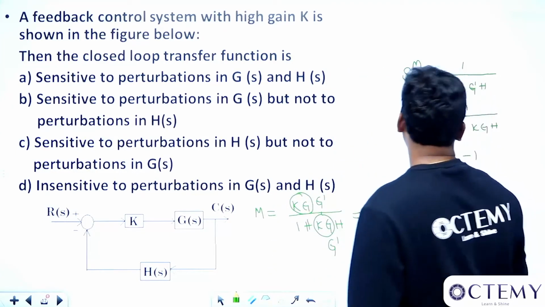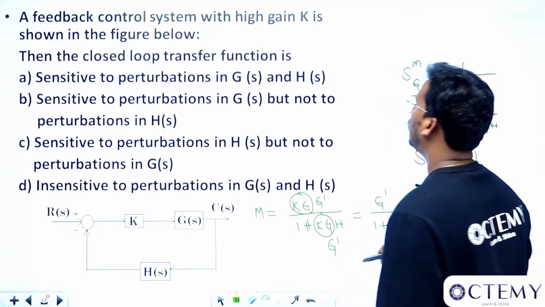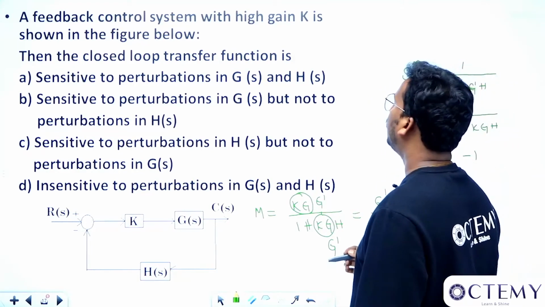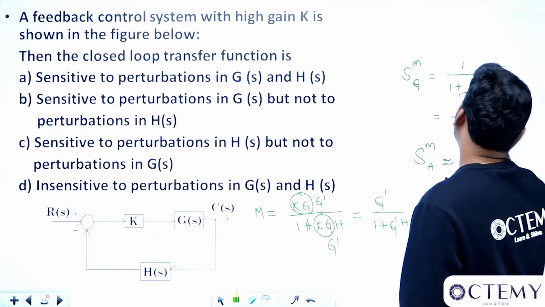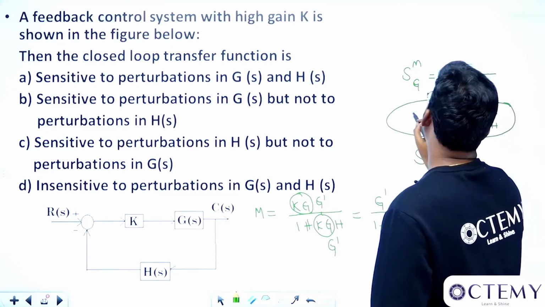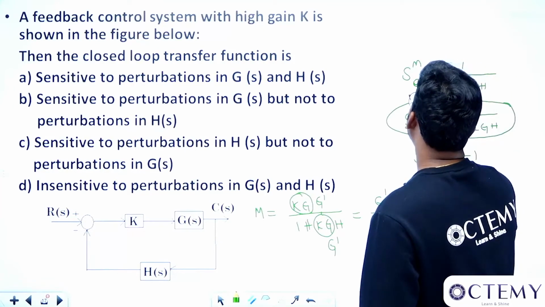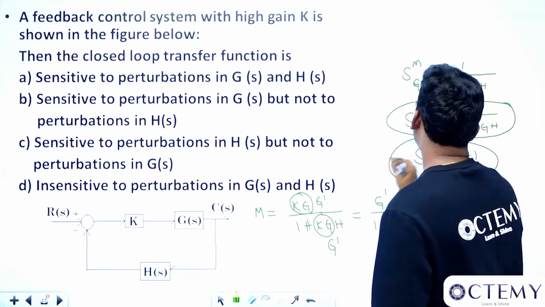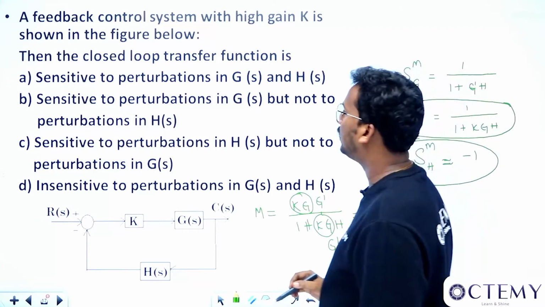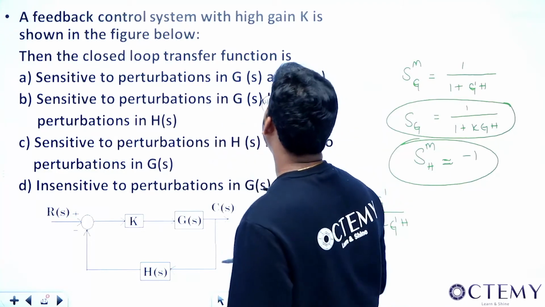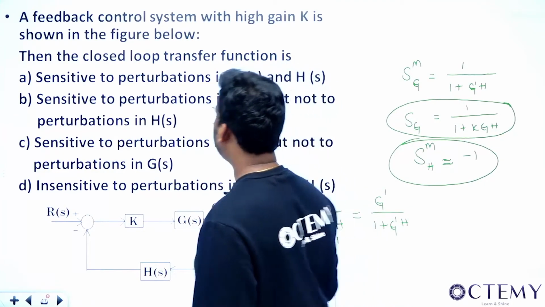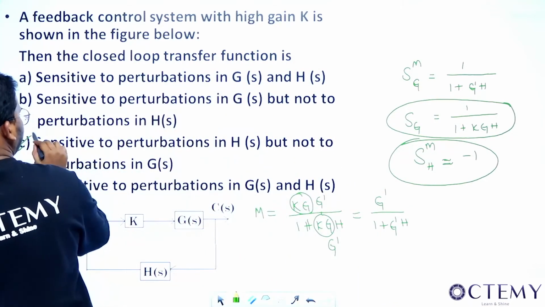So I could say that it is not sensitive to parameter variations in G, but it is sensitive to parameter variations in H. So if I find that answer, sensitive to perturbations in H but not in G, this is the right answer.